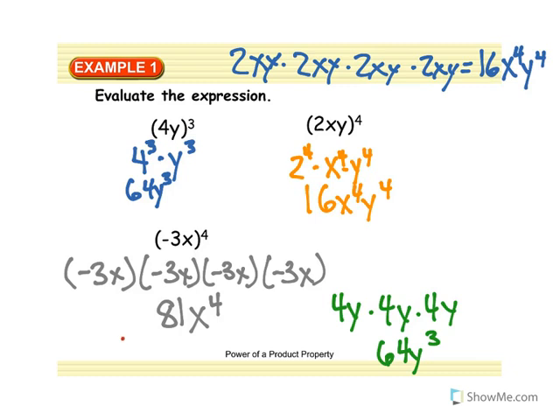The negative 3 has to stay in the parentheses. All right, guys, if the negative 3 does not stay in the parentheses and you put this in your calculator, it will give you negative 81, which is incorrect. So since the negative 3 is in the parentheses with the x, you need to keep the negative 3 in parentheses. So negative 3 to the fourth is 81, x to the fourth, like we saw in gray above.